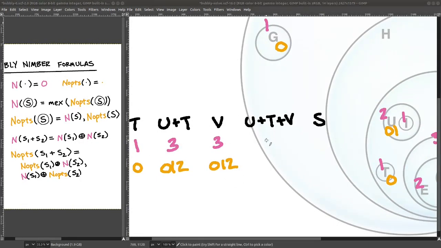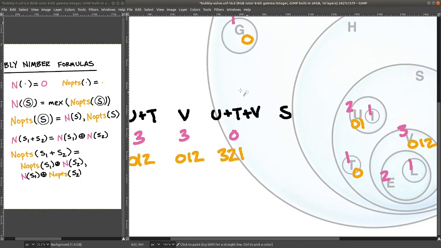So 3 XOR 3 is 0. 3 XOR 0 is 3. 3 XOR 1 is 2. 3 XOR 2 is 1. And I don't do the other way because it's going to come out to the same things. So now, since S is a bubble around this state, I take the pink and orange numbers, 0, 1, 2, 3, and that gives me S's number, which is 4.